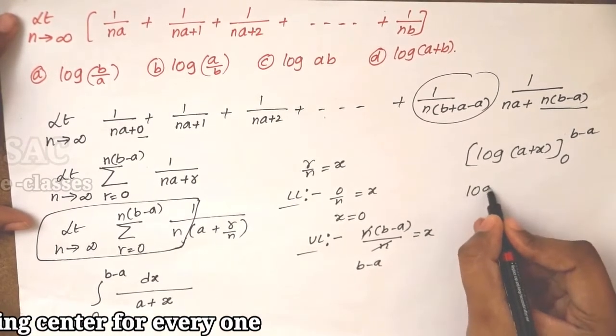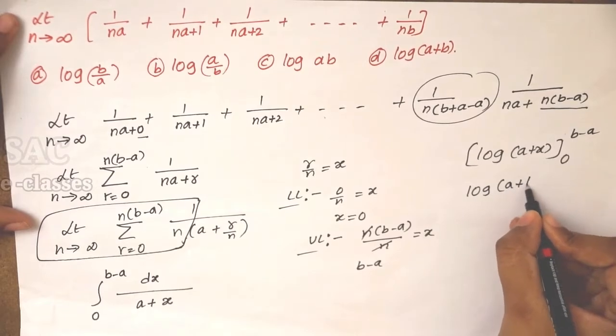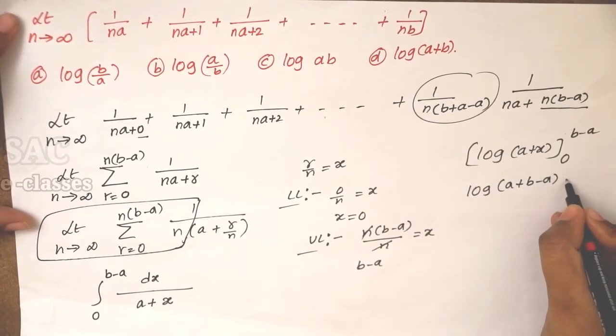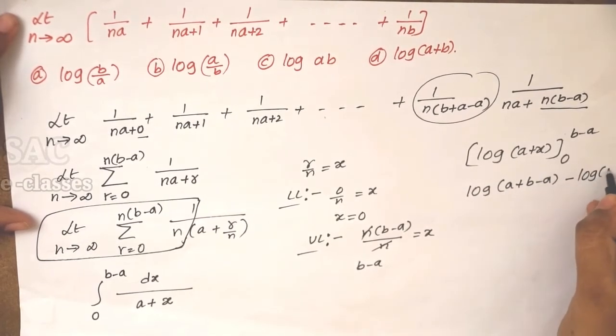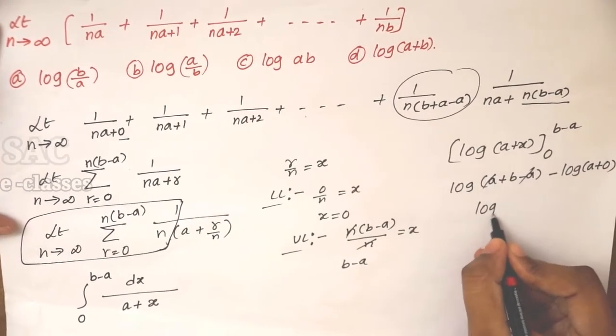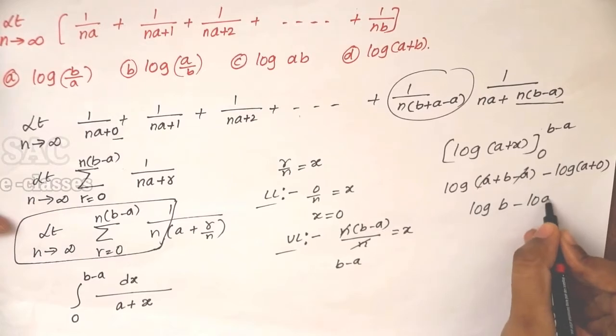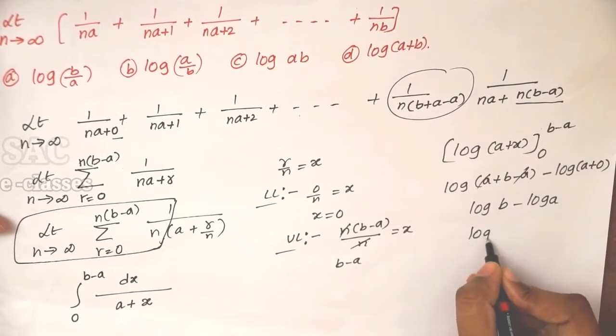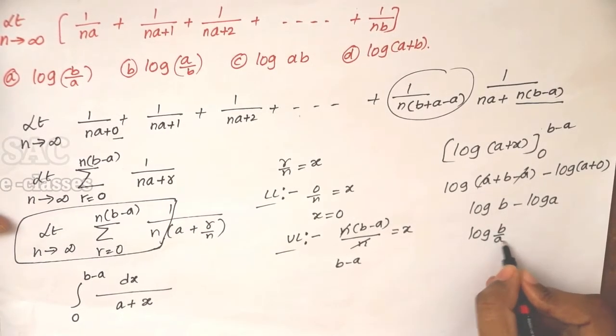Apply the limit: log of a plus b minus a minus log of a plus 0. a gets cancelled. We got log b minus log a. Clearly log of b by a will be the answer.